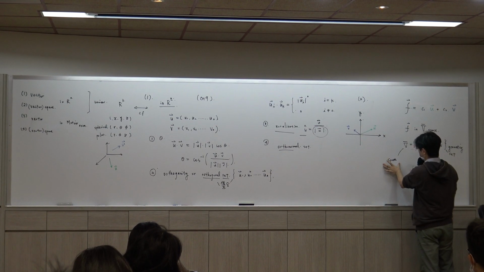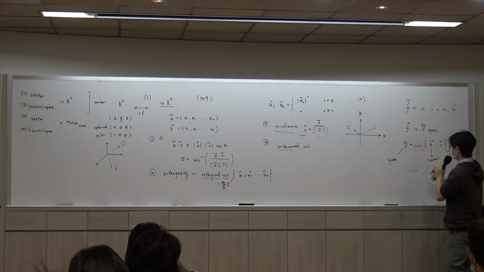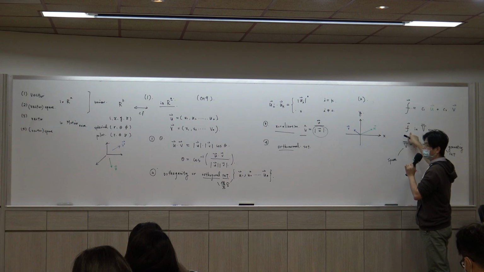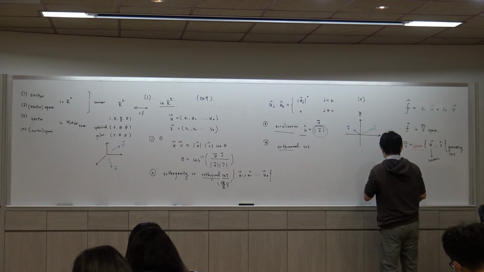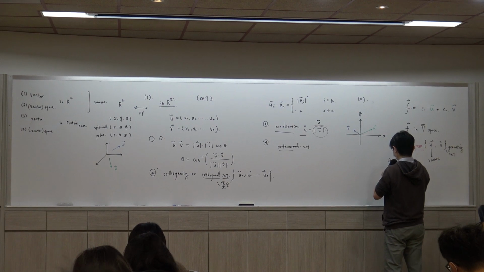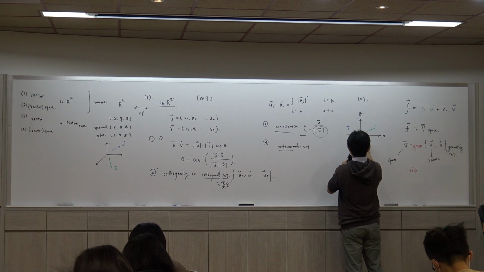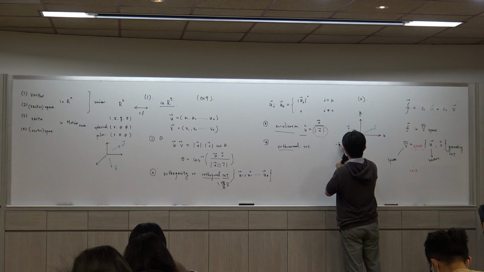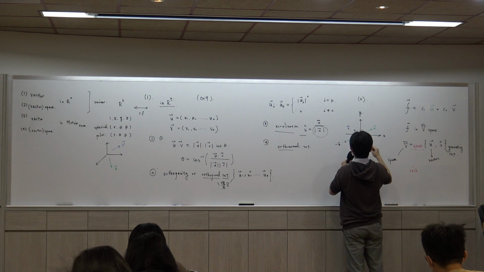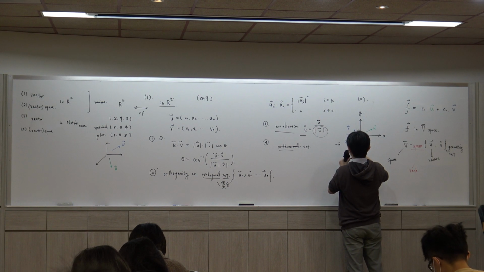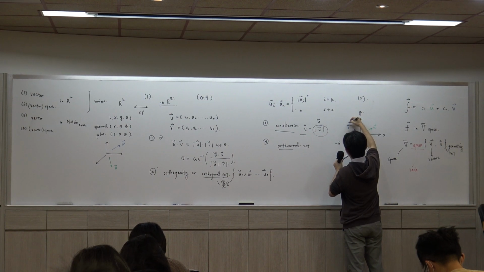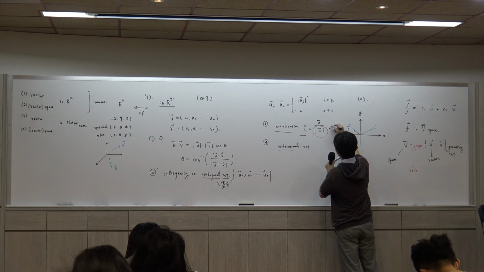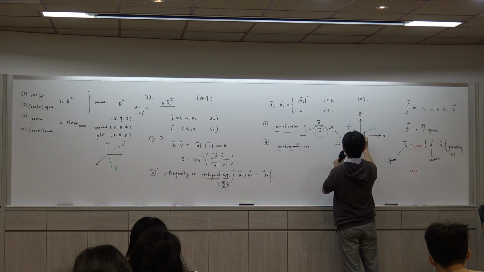So we can have a space V to describe how the vector F is distributed. So for example, for minus U and 2E.